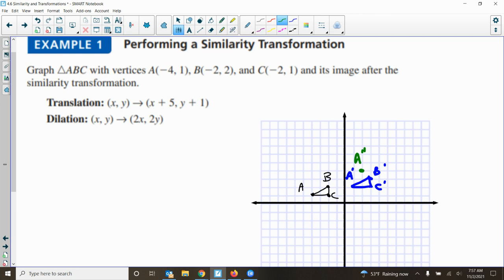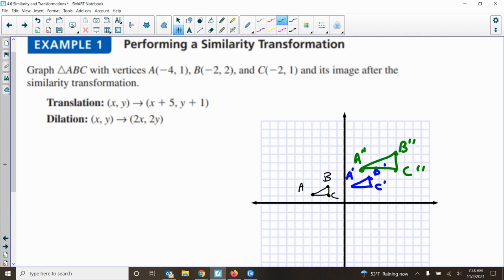So B double prime will be 6, 6, right? 1, 2, 3, 4, 5, 6. That's B double prime. And C prime is 3, 2. So C double prime will be 6, 4. 1, 2, 3, 4.